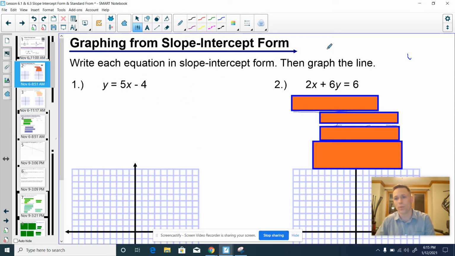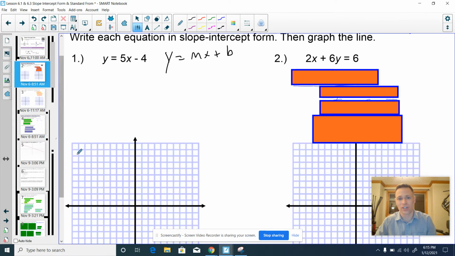Now, using slope-intercept form, y equals mx plus b, I don't have to do any calculation when I graph. Remember, this is the slope, and this is my y-intercept. Now if I look at this equation, I obviously don't see an m and a b, so how do I know which one is which?